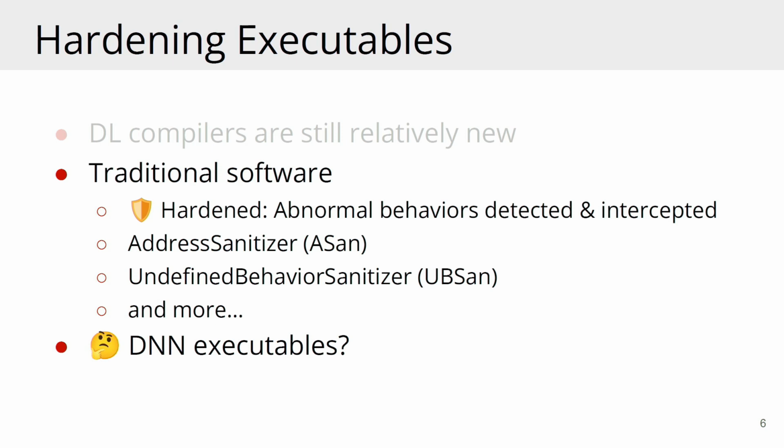For example, address sanitizer, ASAN, and undefined behavior sanitizer, UBSan, and many more. They are designed to detect and intercept abnormal behaviors in the compiled binaries. However, they still don't have their counterparts in the world of DNN executables. There are no prior works to protect DNN executables.